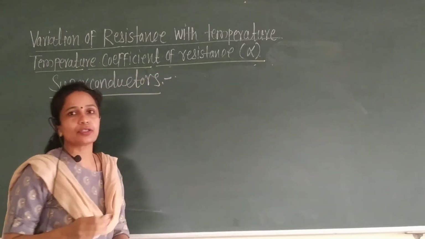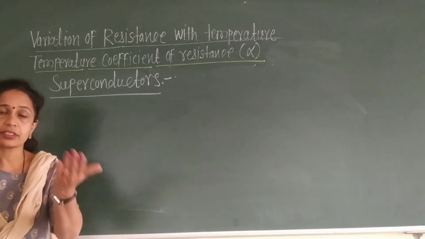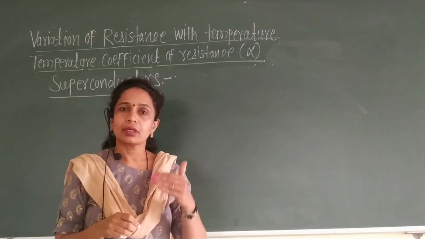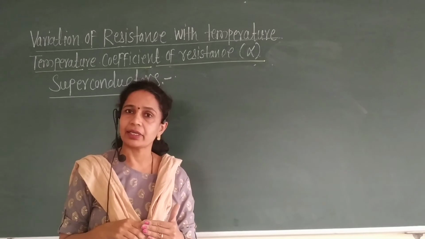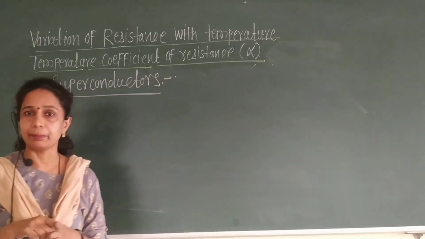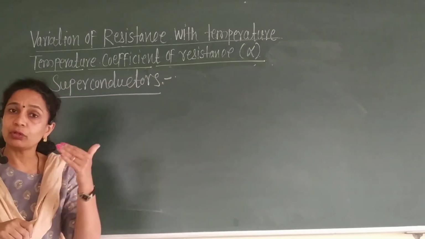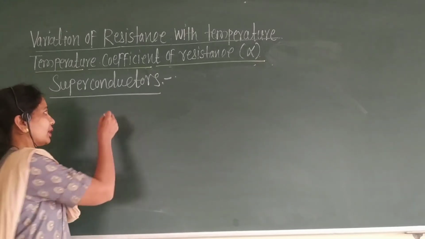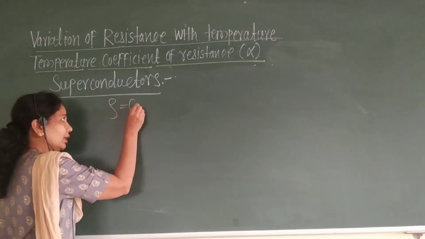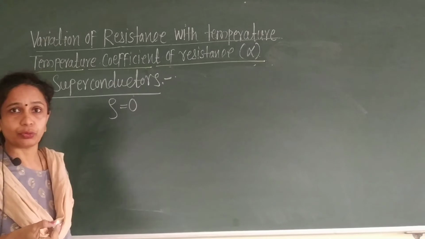What do you mean by the superconductor? We have seen that the resistance of a material varies with temperature. At a particular low temperature, the resistivity of the material becomes 0.